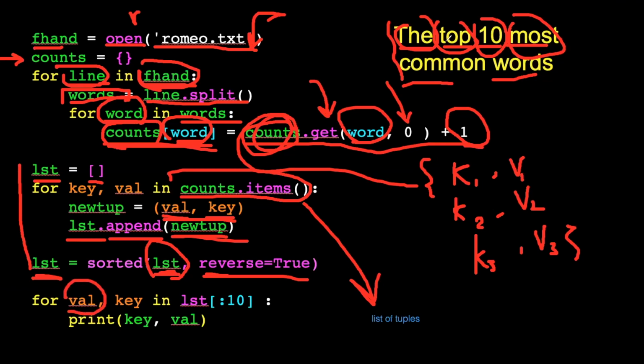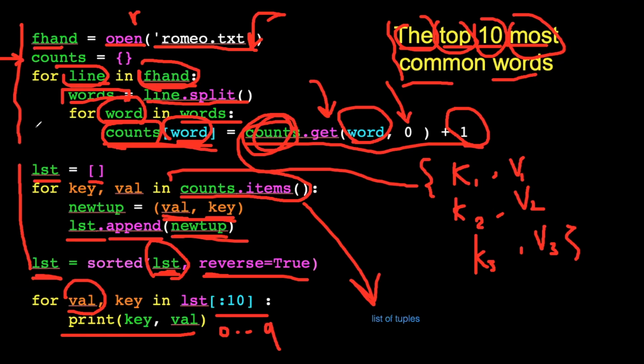But because you said the top 10 most common words, what you need to do is print in this list anything from 0 all the way through 10, but not including 10. So it's 0 through 9. So this gives you the top 10 most occurring words in this entire list that you just ascertained.